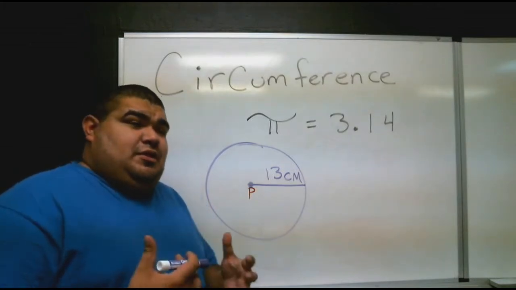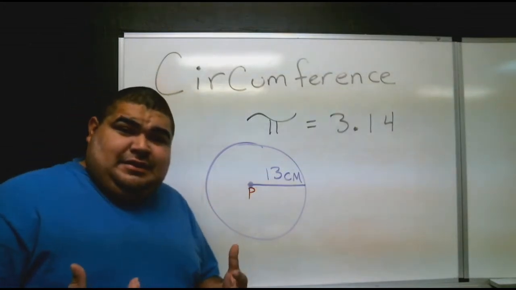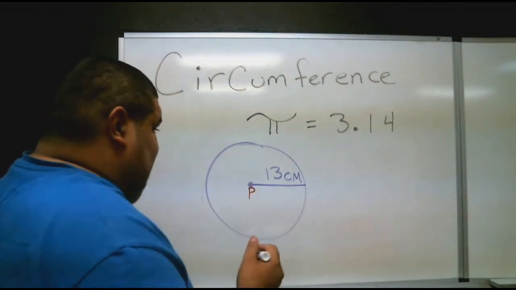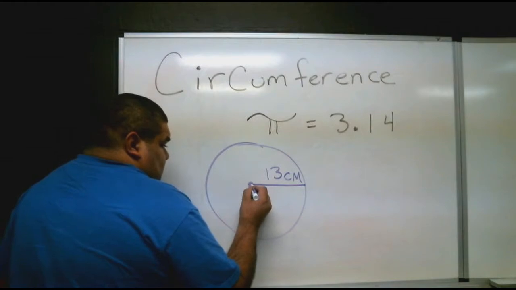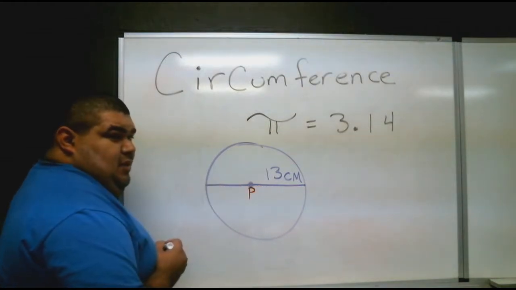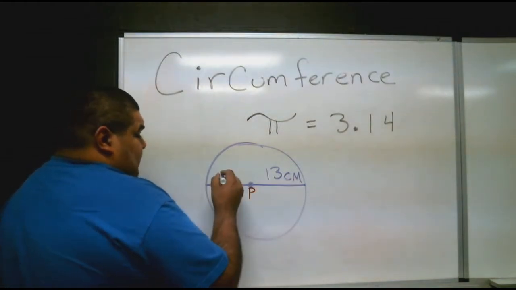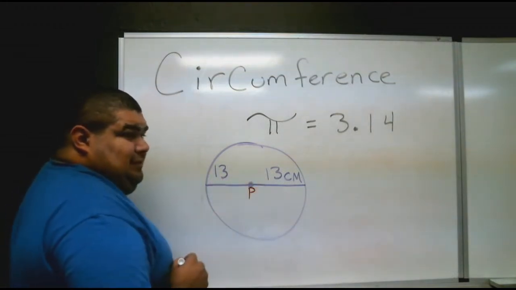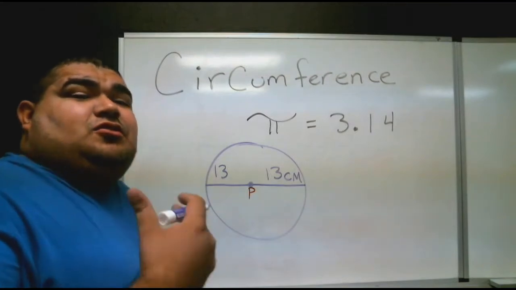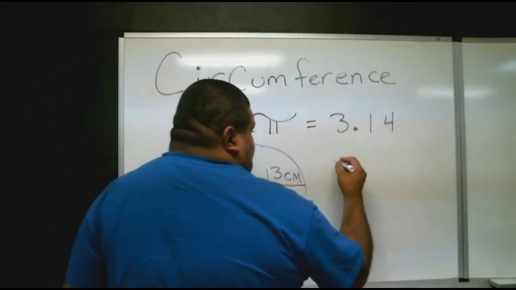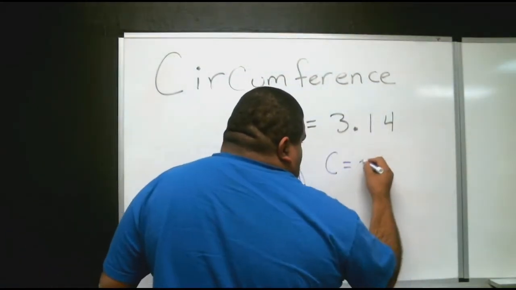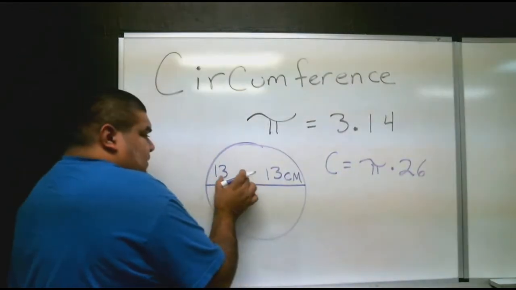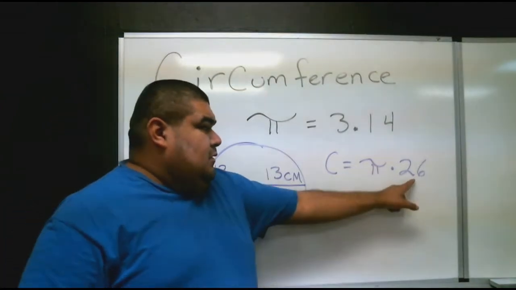All you need to do is make another radius from the center to the opposite edge of the one you already have. In this case, we make it this way. Since you have 13 here, this side is also 13. So 13 plus 13 is 26. So we know that C equals pi times 26.